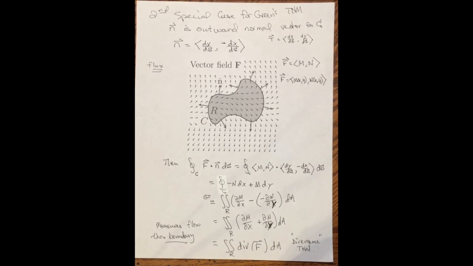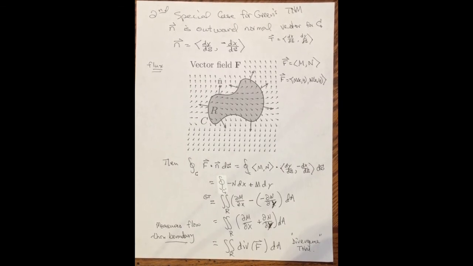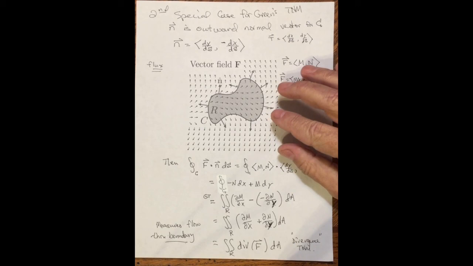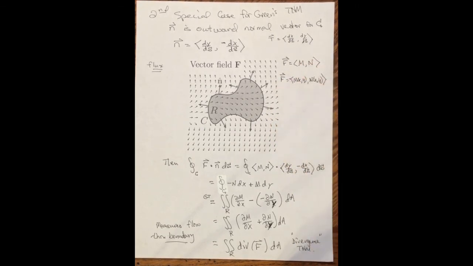It's going to lead us to the divergence theorem, and this is a special 2D case of this. We're actually going to study 3D objects in a vector field in 3-space, and we're going to see how the flow is either out or in for that object. And that's going to lead to something called Gauss's theorem that the double E majors love and adore. Okay. Hope this helps a little bit.